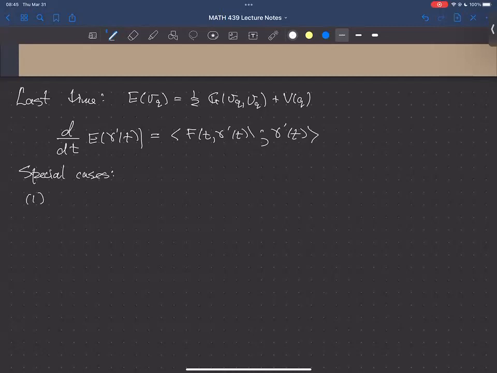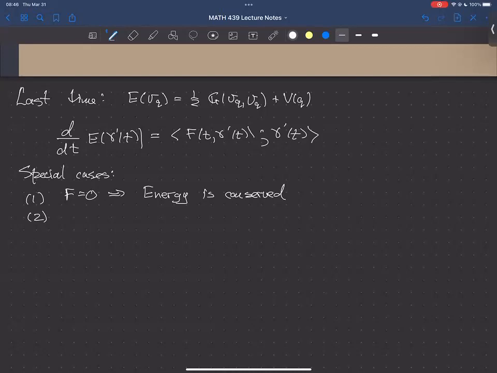First, if there's no non-potential external forces, so F is equal to 0, then energy is conserved. Its derivative with respect to time along motions of the system is 0, so it's constant.